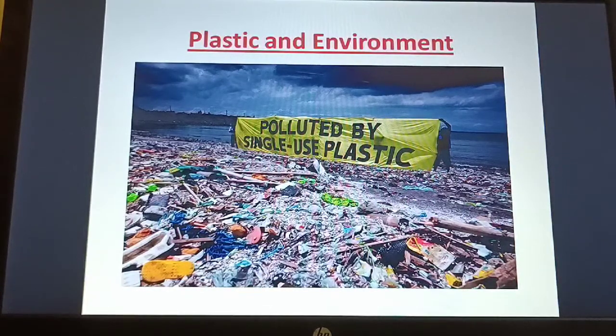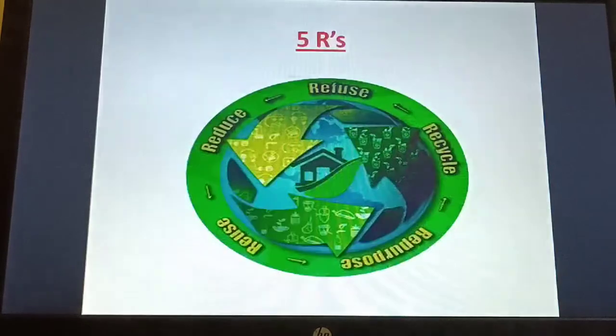Now everything we do, isn't it? We use plastic, we throw it, or maybe we use it carefully. But do you know that there is a way we can reduce the use of plastic? If you want to save the earth, you have to follow this 5R rule.